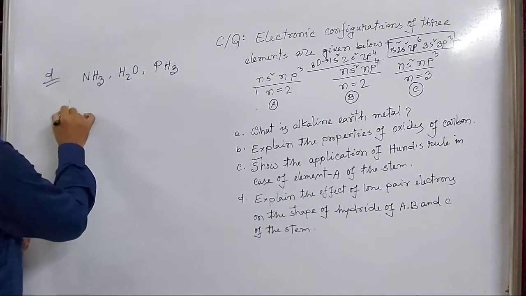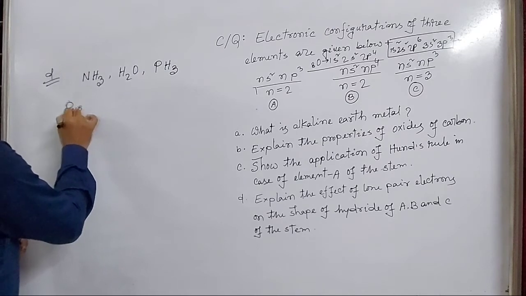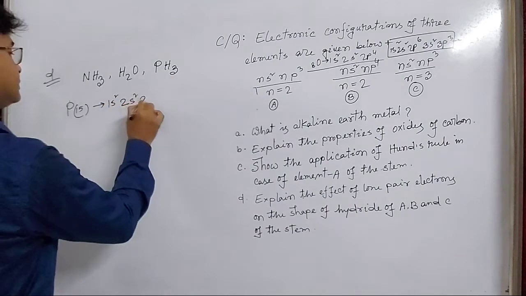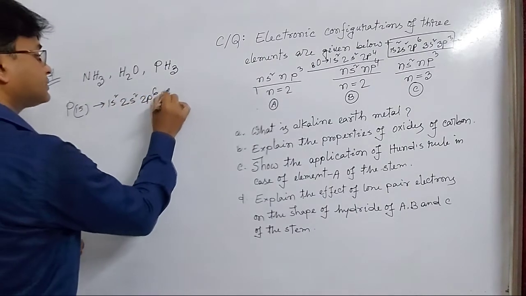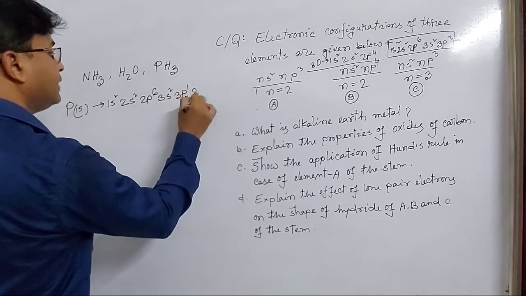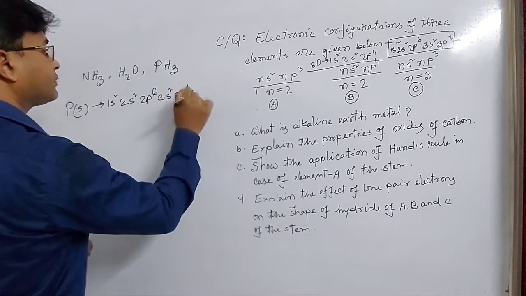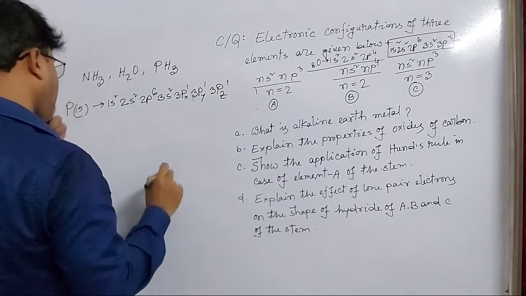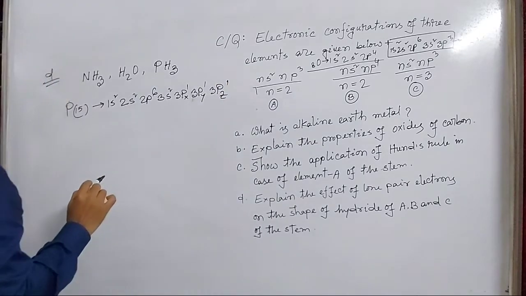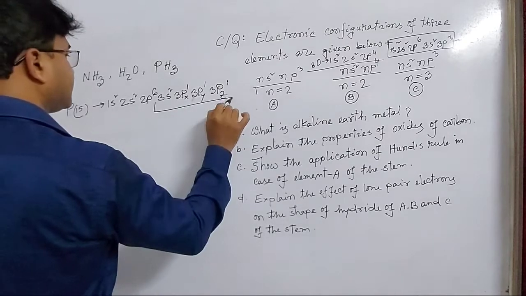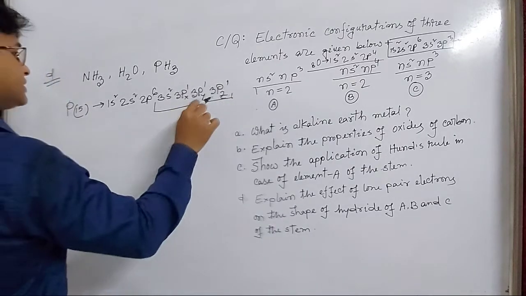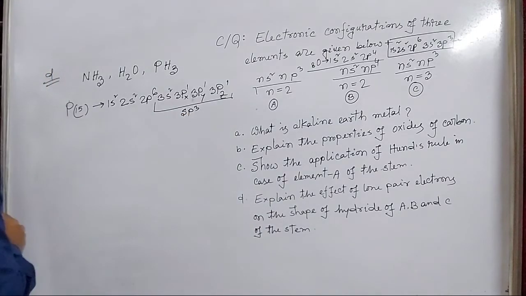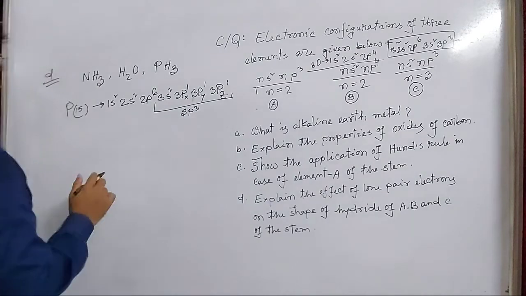The central atom of phosphine is phosphorus, and the electronic configuration of phosphorus is 1s2, 2s2, 2p6, 3s2, 3px1, 3py1, 3pz1, and one spherical s orbital combines with 3 dumbbell-shaped p orbitals to form 4 sp3 hybridized orbitals here.